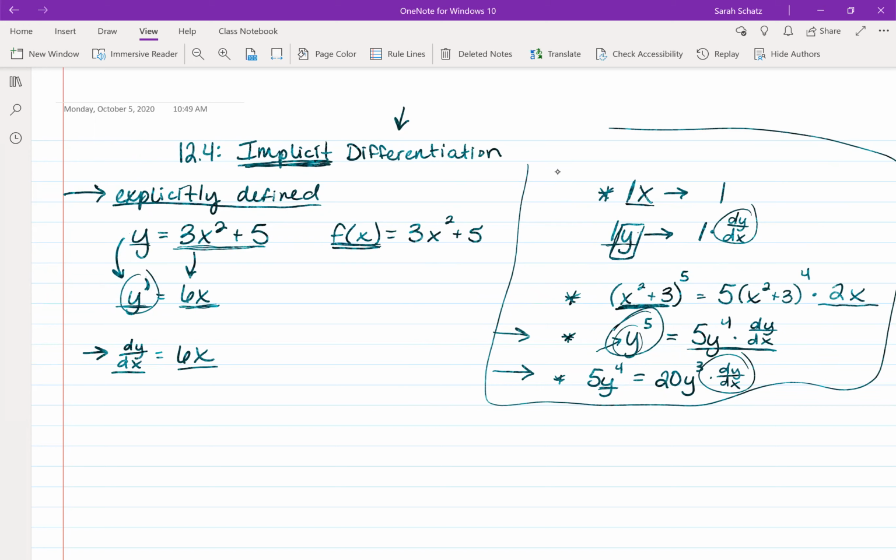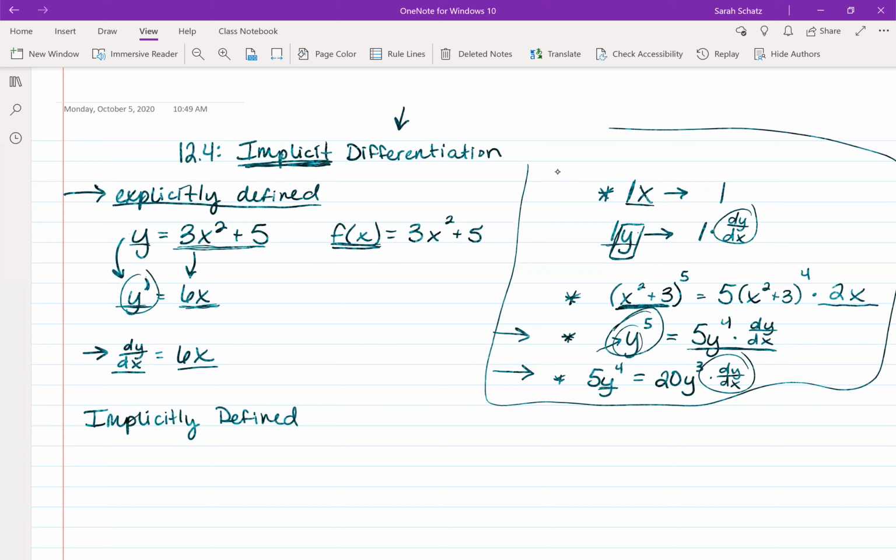Y is not going to be by itself on one side. And I move to equations that are implicitly defined, which just means it's not solved for x, it's not solved for y, it could just be a bunch of x's and y's anywhere in the problem. It's still going to be a function of x.